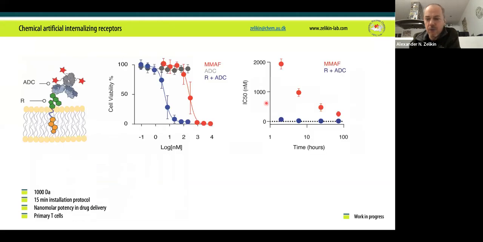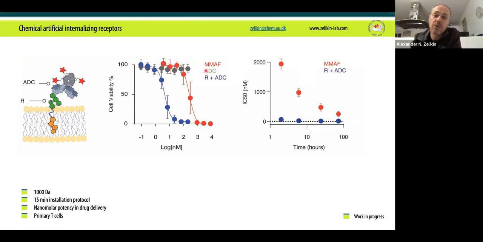And where we took it forward from the paper that came out a couple of years back is that we, first of all, went away from MMAE to MMAF. The whole difference between these two toxins is that MMAE easily penetrates the lipid bilayers and has a very high bystander effect, so it'll kill the neighbor cells as well, whereas its close analog MMAF is not membrane permeable, and this is much better for cell-specific effects.